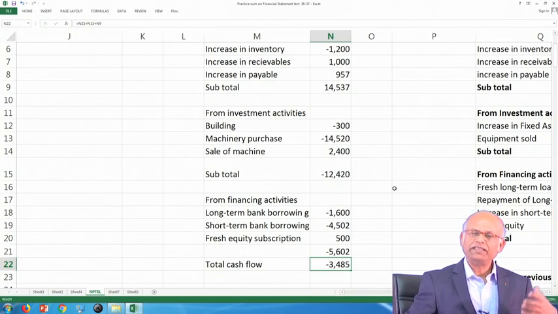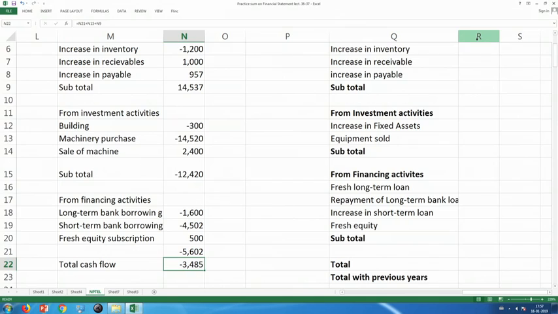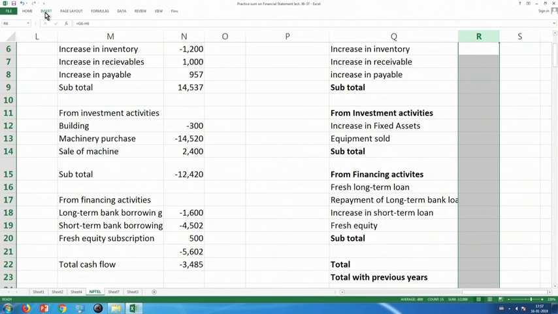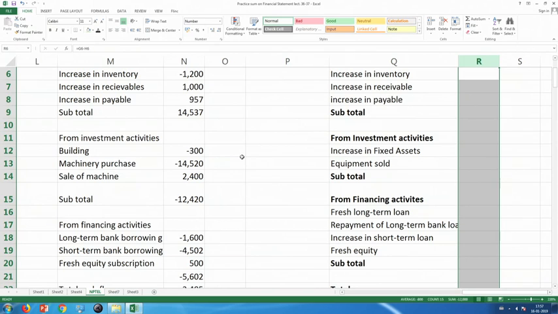So, they utilize more money during the year than they make, meaning compared to cash inflow, they make more cash outflow.